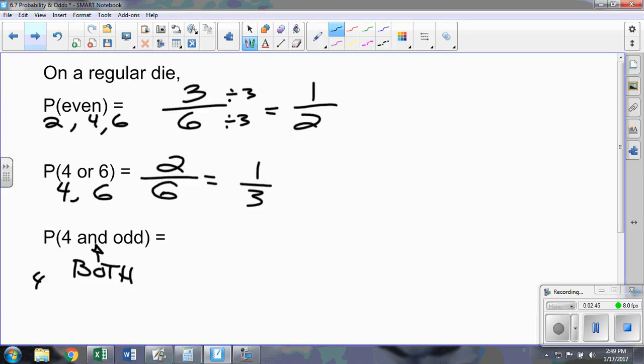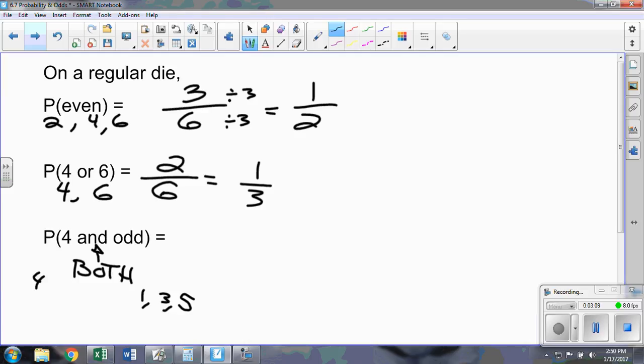But then we also have the second condition of being an odd number, and odd numbers on a number cube would include 1, 3, and 5. So how many numbers fit both conditions? That it has to be in the list of 4 and in our list of odd numbers. None of them.